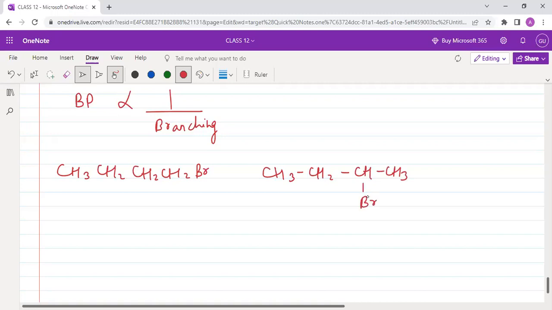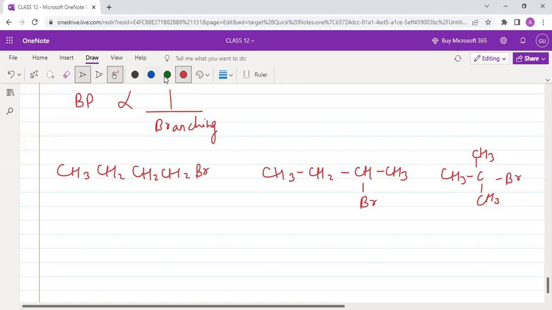This one is having one branching. This one is having two branches, one above, one below. Can you tell me the names of all three compounds?